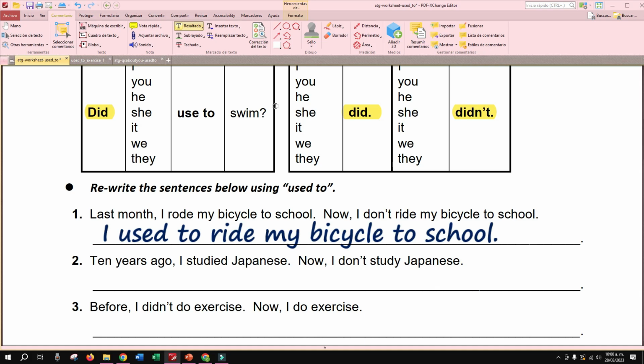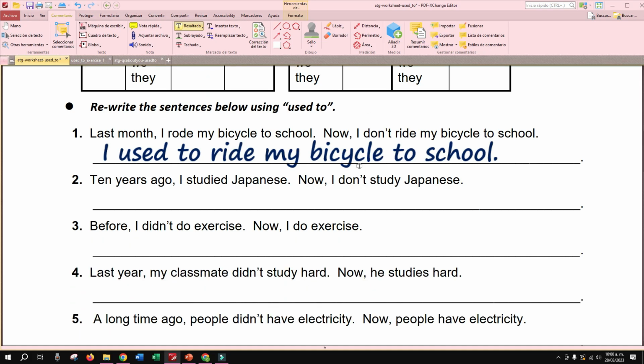Let's see. Rewrite the sentences below using used to. Last month, I rode my bicycle to school. Now I don't ride my bicycle to school. So we're going to rewrite them into used to, right?